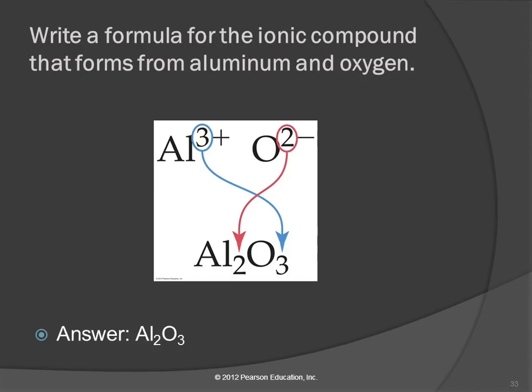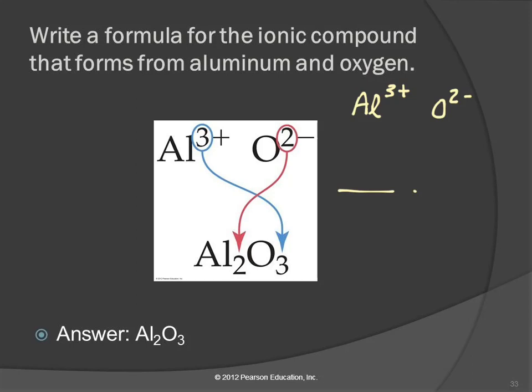But let's actually think about what we're doing there, because following rote instructions is nice and everything, but sometimes it'll screw us up. Let me find a color we can see on the black slide. The idea here is that we've got an aluminum ion with a 3+ charge and an oxygen ion with a 2- charge.